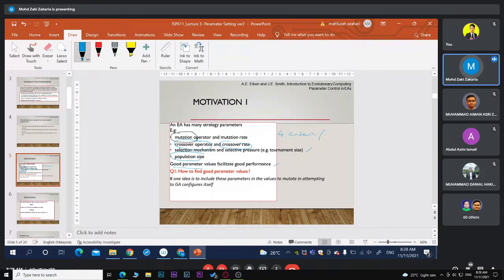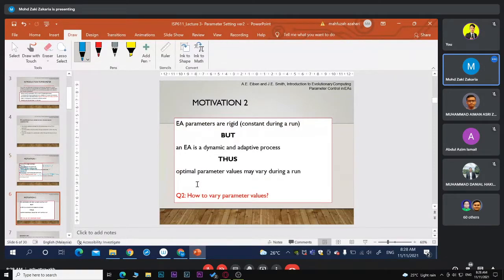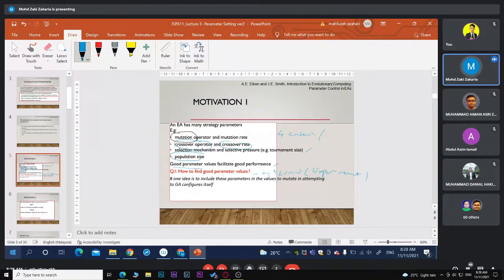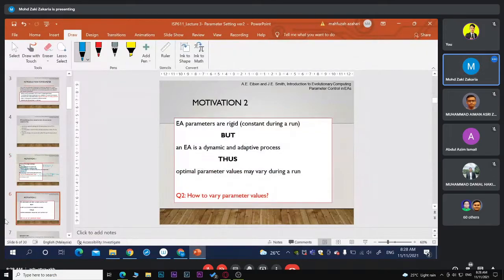And then how to find a good parameter value? How to find? So usually using try and error. Experiment. And then actually, to determine the value of the parameter, we can do it manually.